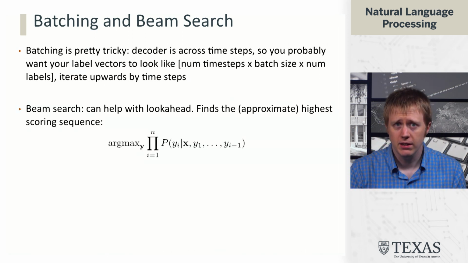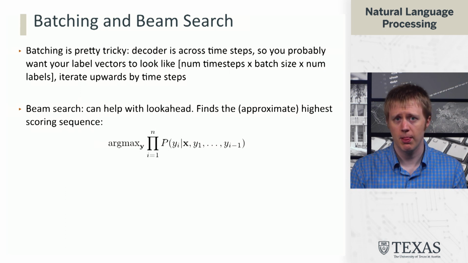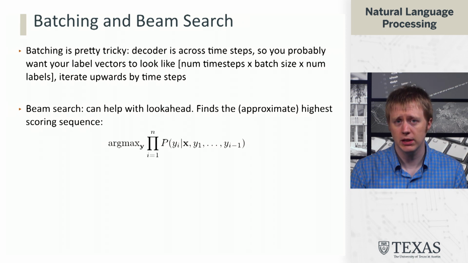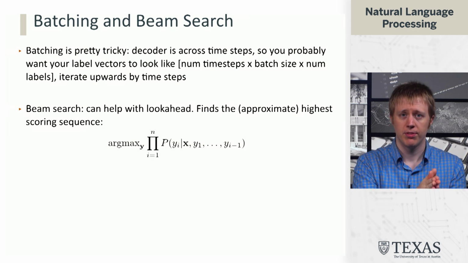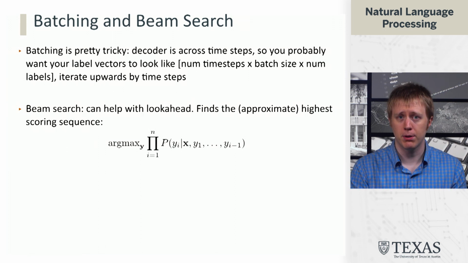All right, and the final detail I'm going to talk about here is beam search. So what we want to really do, again, is find this argmax over y. What is the most likely output sequence? And that likelihood is given by the product over the probabilities of each token conditioned on what came before.